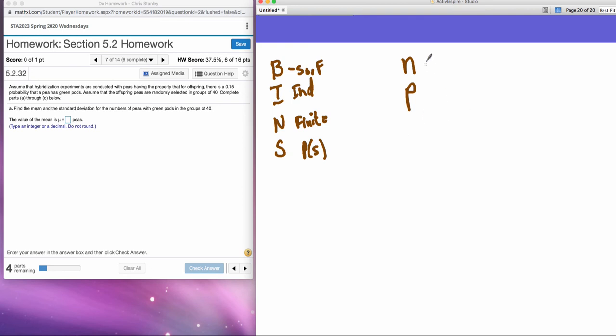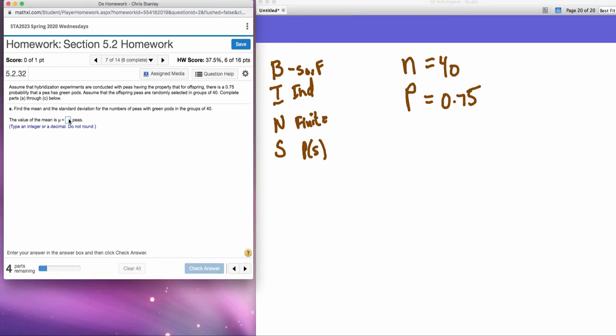We selected 40 offspring, and 75% are supposed to be green. So there should be 40 times 0.75, or 3/4, that should be green. That's 30.